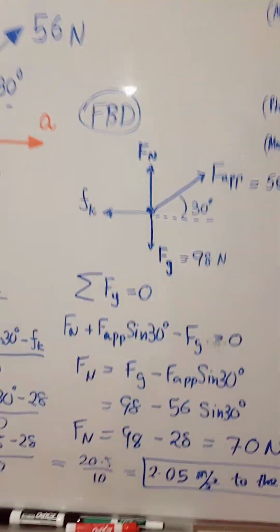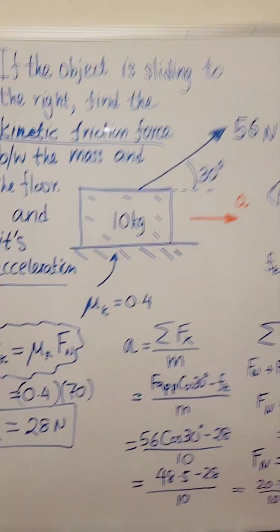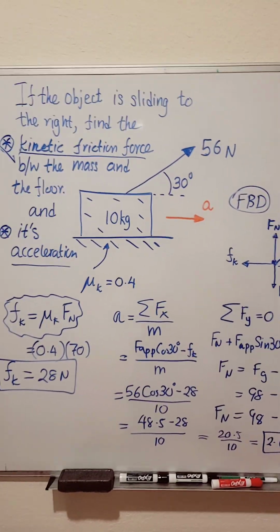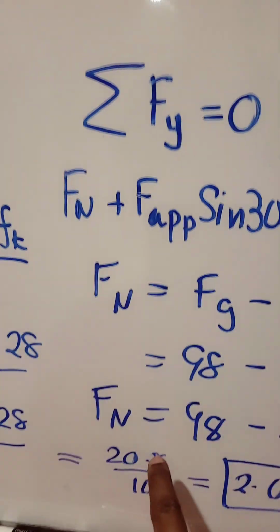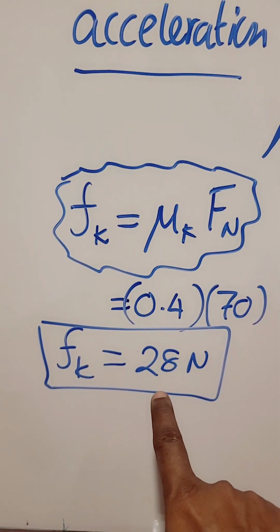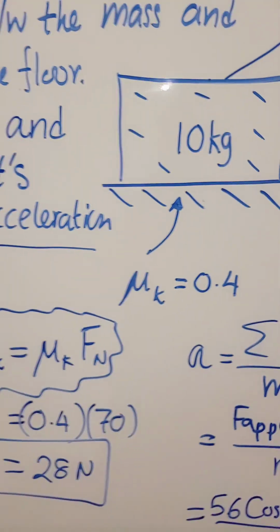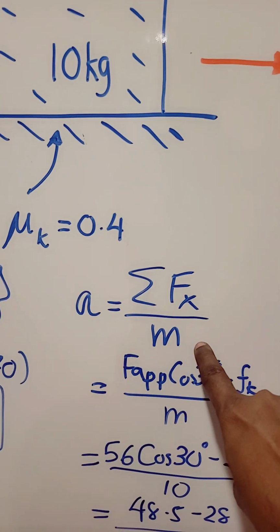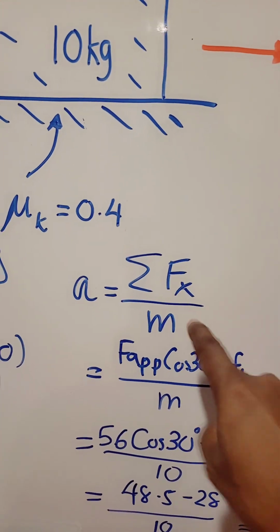Okay, look, I solved the problem. First figured out the kinetic friction force, got the normal force, substituted the normal force into this equation, then got the friction force, and then looked at the x motion, applying Newton's second law along the x direction.